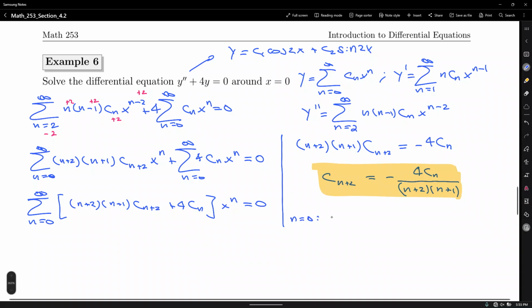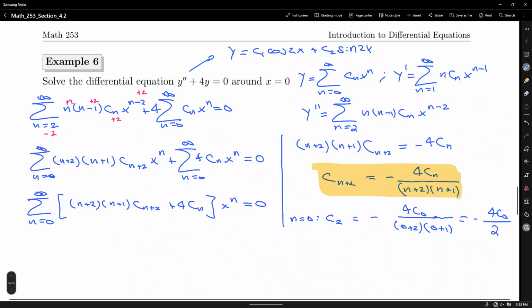That'll be c sub 0 plus 2. Isn't that 2? Equals negative 4 c sub 0 over 0 plus 2, 0 plus 1, which is equal to, do you guys agree, negative 4 c sub 0 divided by 0 plus 2, which is 2, 0 plus 1, which is 1, 2 times 1, is that a 2?